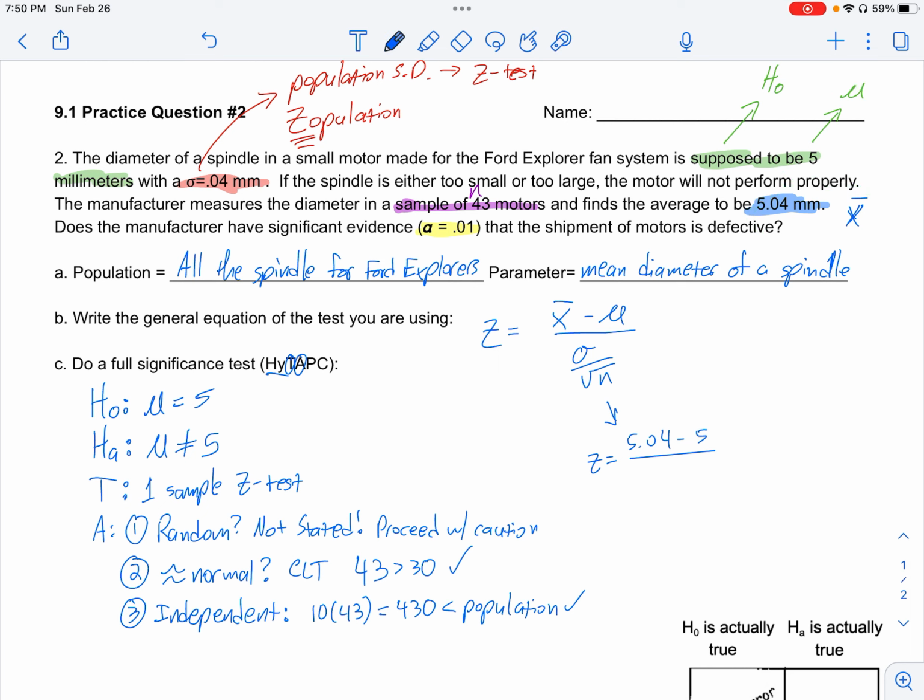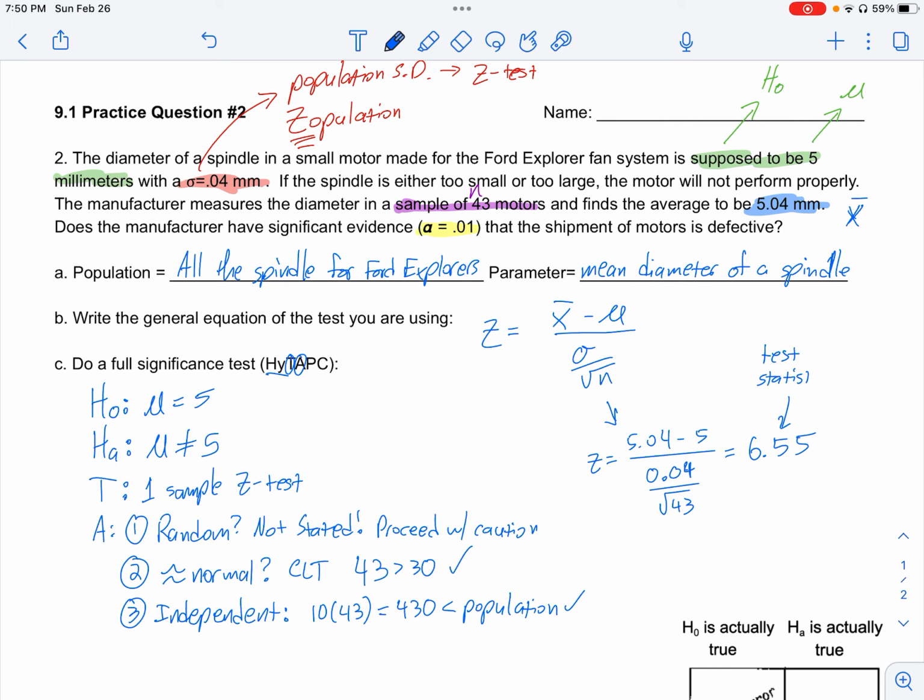Divided by the sigma, which they gave us in red, 0.04, and it will be made smaller because our sample is not a sample of 1, it was a sample of 43. Now if you take your time and put that in the calculator, you will get 6.55. This is called the test statistic, folks.